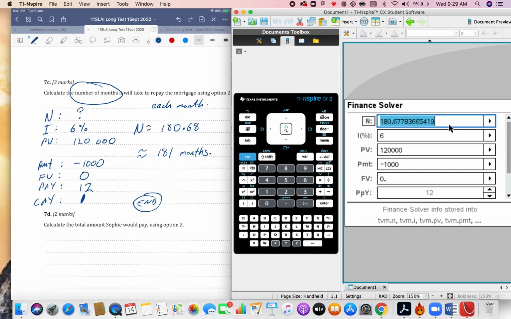Now part D is a similar follow-through. If it's 181 months of payments and we pay 1,000 per month, that's approximately $181,000 as the total amount paid. You can see that the amounts paid under each scheme are a little bit different. I think the next part of the question asks us to compare and contrast.